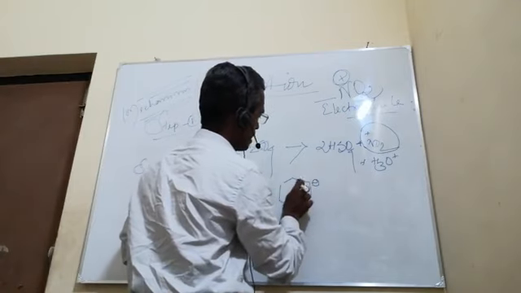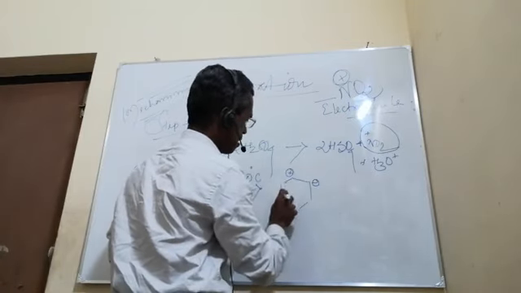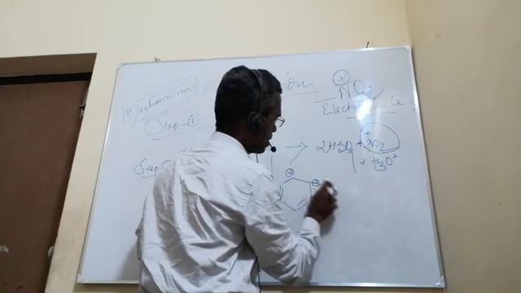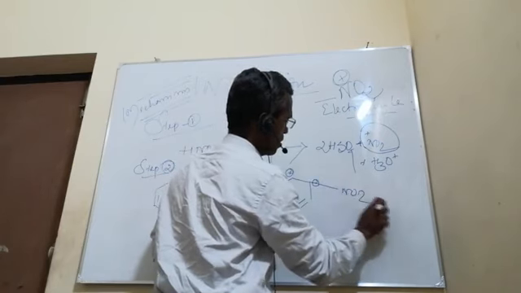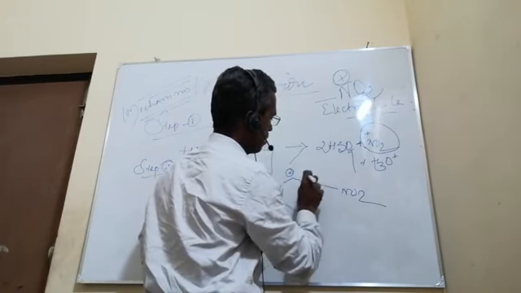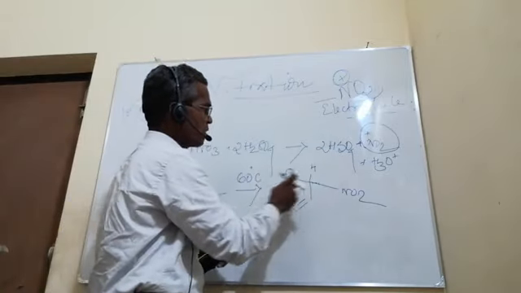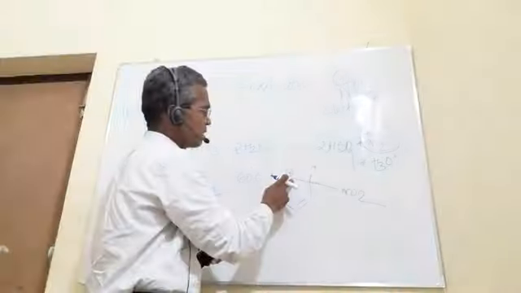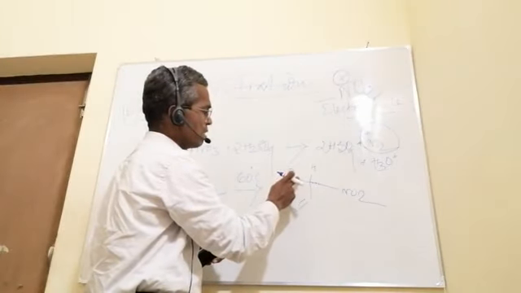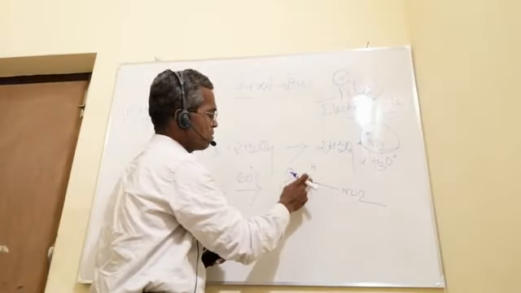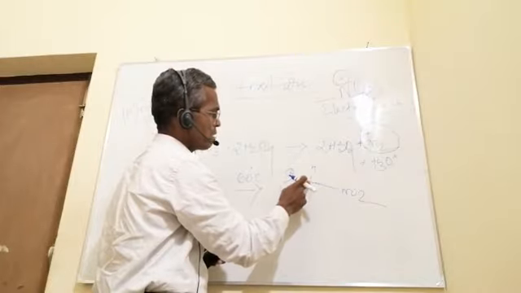A minus charge is created here, plus here, and because of this minus, NO2 connects, and the remaining proton stays as such. After the substitution is over, the pi bonded electron moves to the next carbon, making this carbon negative.